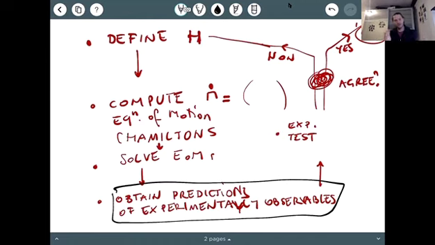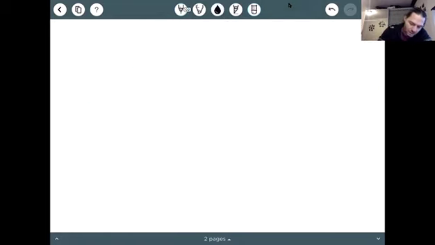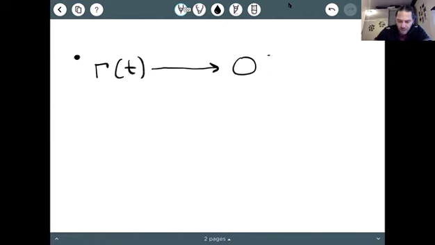A physical theory also requires a way to go from the state of the system to observable quantities. So implicitly, we are assuming a third step, which means given gamma, the state of the system, I must be able to work out the prediction of some quantity that I can observe.